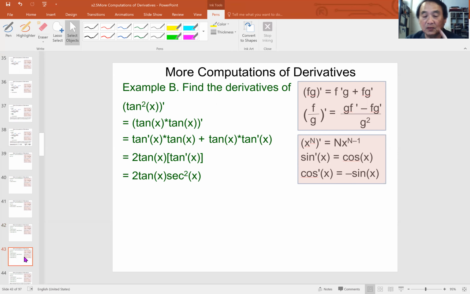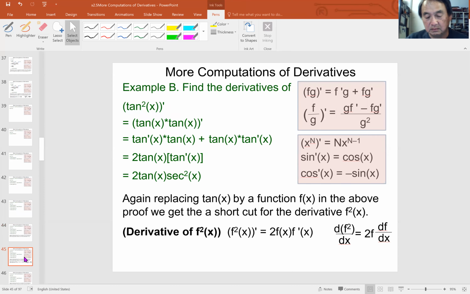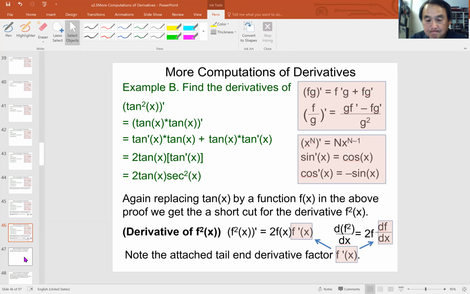The derivative of tangent is secant squared, and that's the derivative of tangent squared. This is what I call a two-layer composition problem. From here, you can apply the same rule for some function f that you want to square: the derivative of f squared will be twice f times f prime. And this is actually what we're going into, the chain rule.